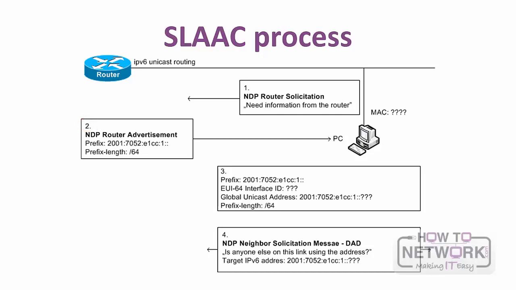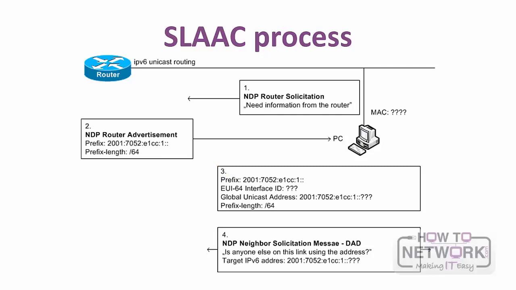Step 2. Router receives the router solicitation message and responds with a router advertisement. Included in the router advertisement message are the prefix and prefix length of the link, along with its own address as the default gateway. The default gateway address that the router propagates is actually its link local address, not its global unicast address.